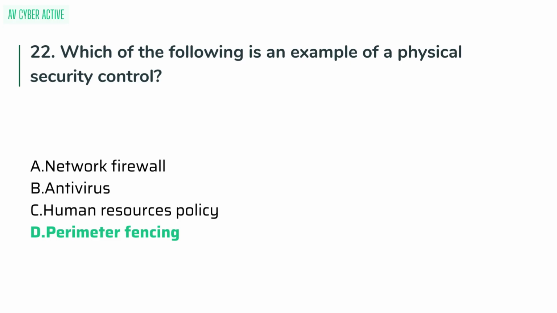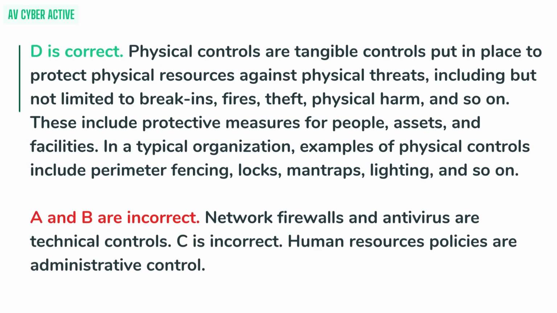Physical controls are tangible controls put in place to protect physical resources against physical threats, including but not limited to break-ins, fires, theft, physical harm, and so on. These include protective measures for people, assets, and facilities. In a typical organization, examples of physical controls include perimeter fencing, locks, man-traps, lighting, and so on.